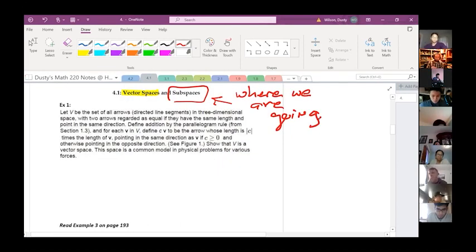All right, so this example 1 that I want to kick off with should be familiar to you. We're doing something you've done before, it's just talking about it in a new way.